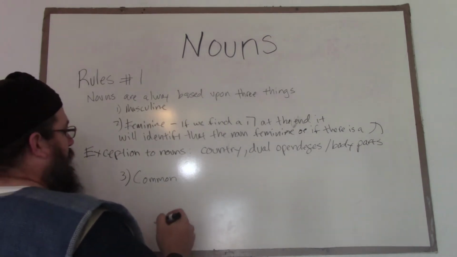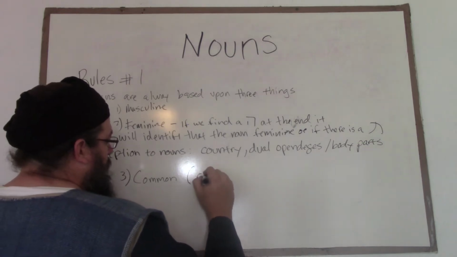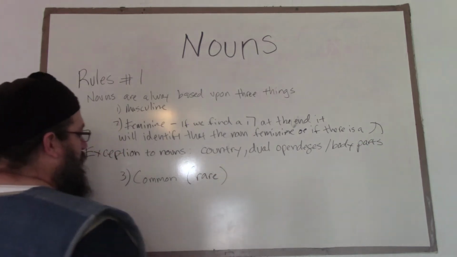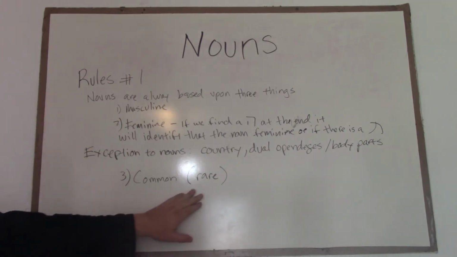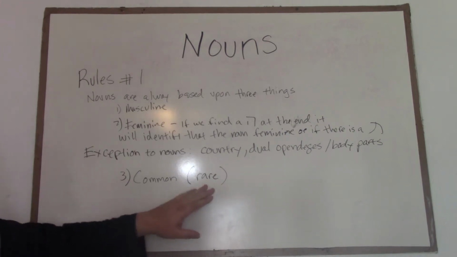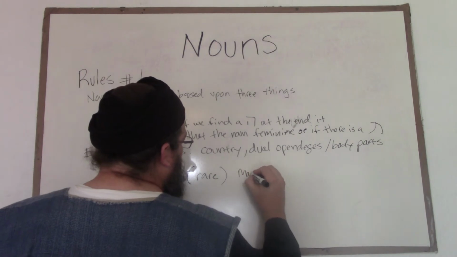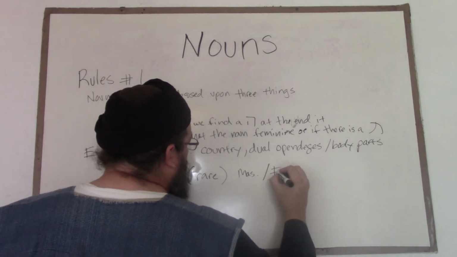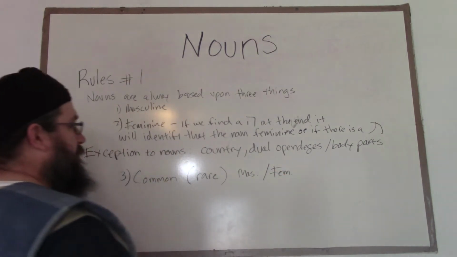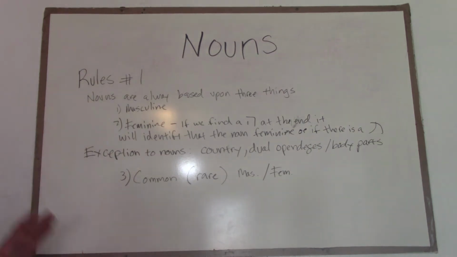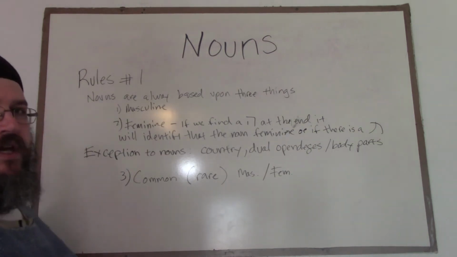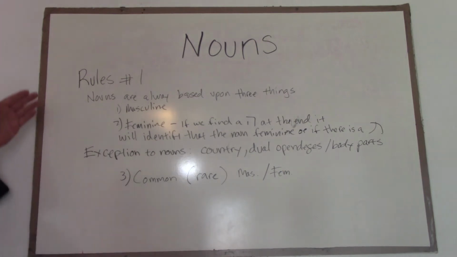And these are completely rare, okay? So the common nouns are rare, and we have to know that these can be masculine or feminine in nature, okay? So that's very important to understand, okay? So this is going to be rule number 1 here, okay?